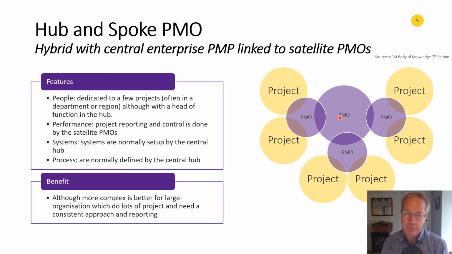And so part of the role of these people in the central PMO is to help to develop, in collaboration with the satellite PMOs, how are we going to control documents? How are we going to do progress reporting? How are we going to plan and control our projects across the organization? So they're more complicated, but where you need a consistent approach across lots and lots of projects, often across multiple regions, then a hub and spoke PMO is probably one of the best options.